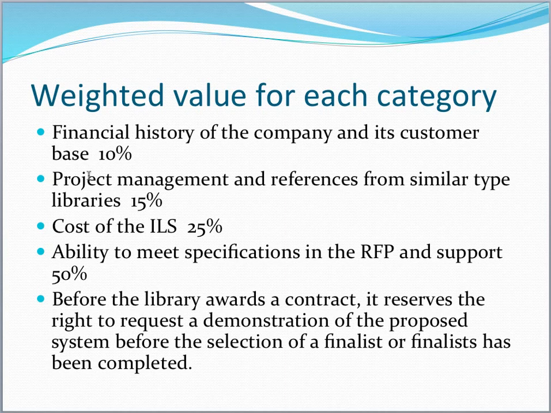And here are some of the criteria on how to evaluate or weight each category. Financial history of the company and its customer base, 10%. It is very important that you deal with a strong company. Project management and reference from similar type of libraries, 15%.